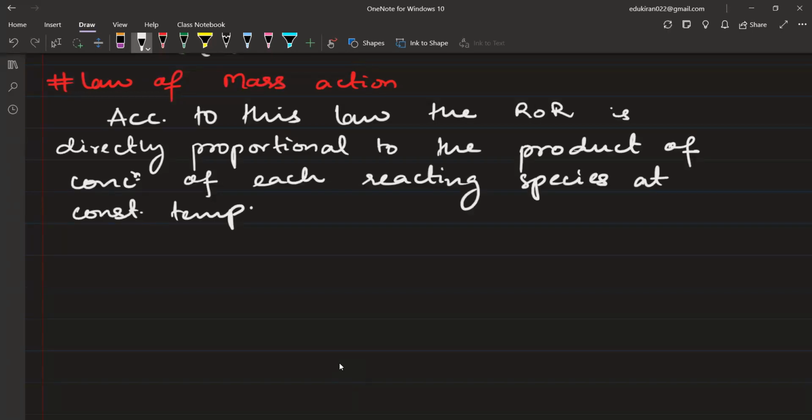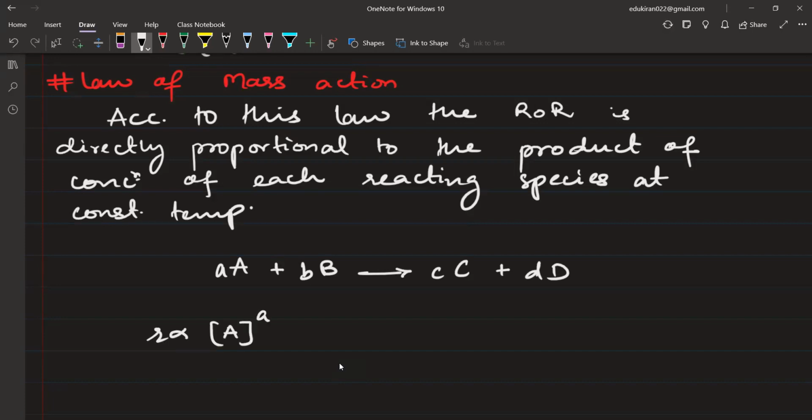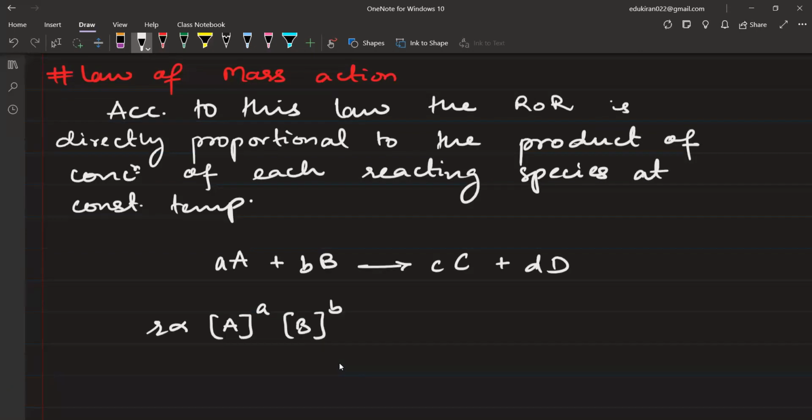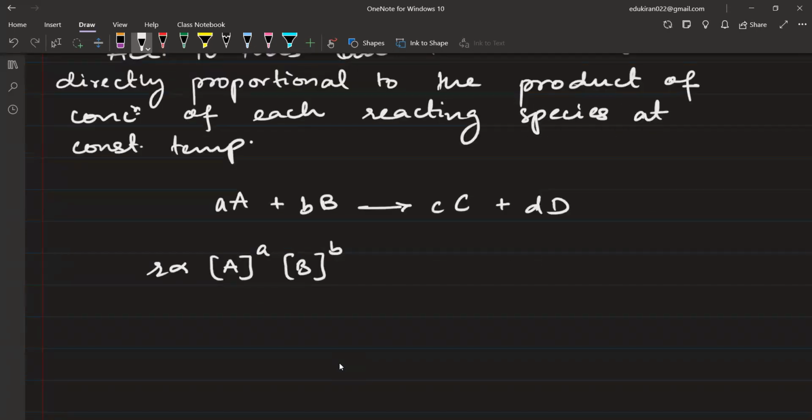So for a reaction aA plus bB giving you cC plus dD, from here I can write the rate is directly proportional to the concentration of A to the power a and the concentration of B to the power b. In order to remove the proportionality sign, I will put a proportionality constant K into the concentration of A to the power a and the concentration of B to the power b.